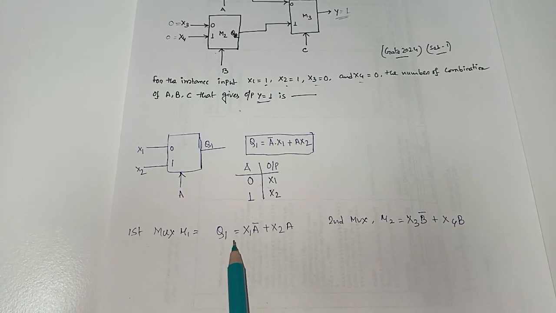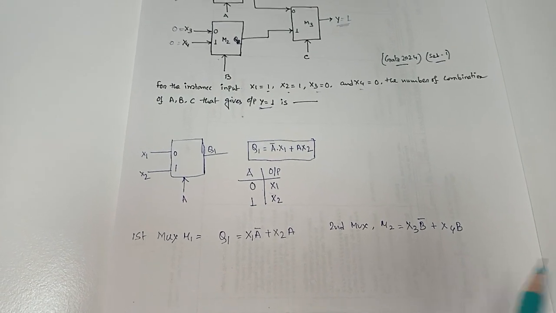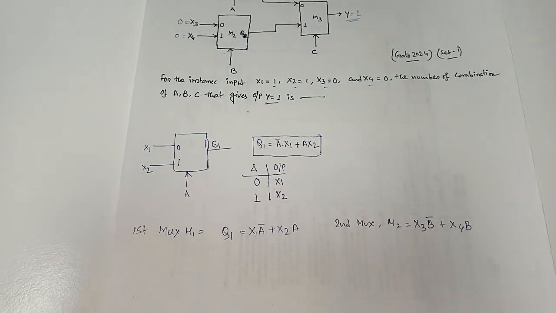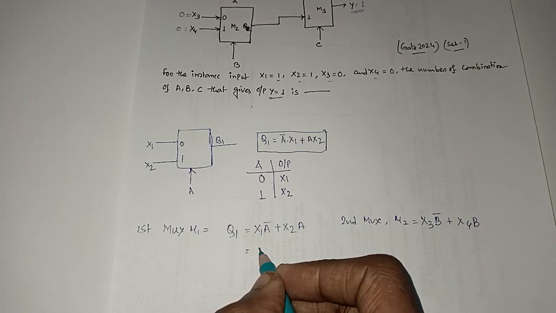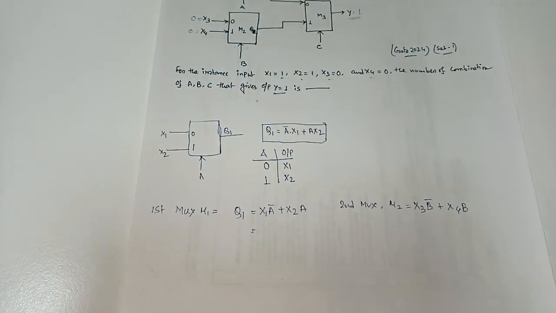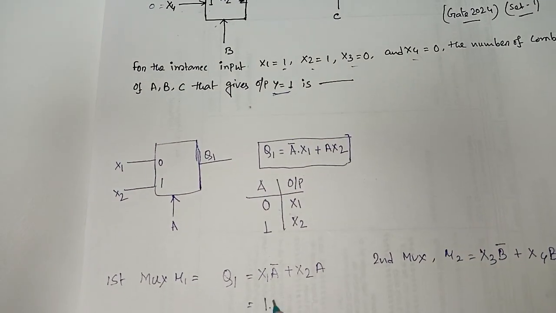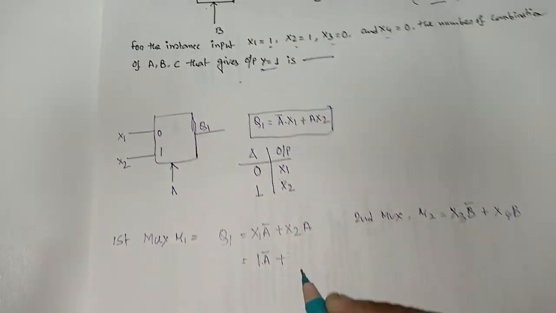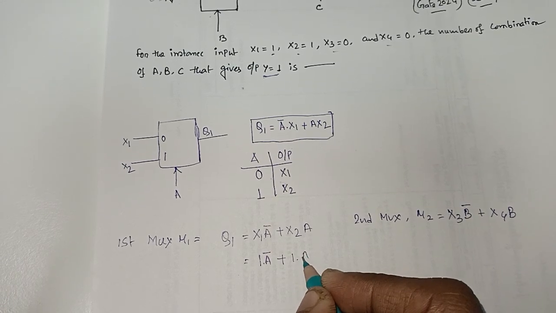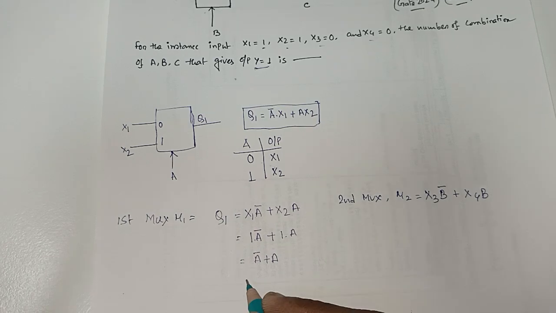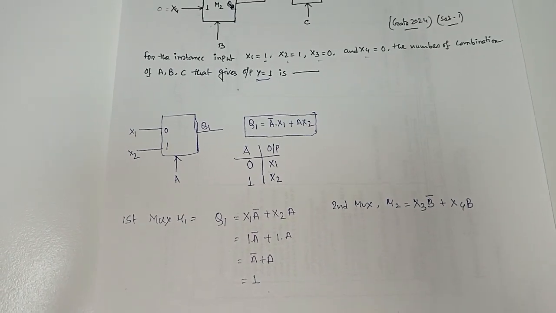If we put the values of x1, x2, x3, x4, we can get x1 value as 1, so 1 into a bar plus x2 value is also 1 into a. So we get a bar plus a, which equals 1.